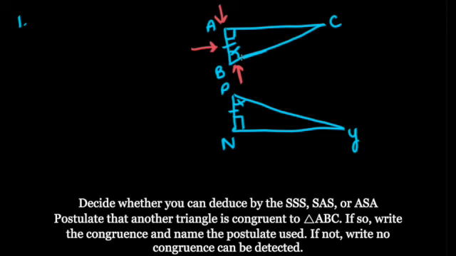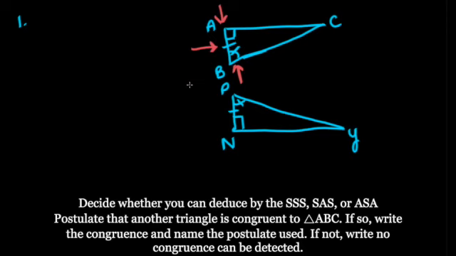Since we have 2 angles and a side in between those angles, or an included side, we can say that these 2 triangles are congruent. We can say this by the A, which is the angle, S, which is the side, and A, which is the other angle, postulate, or the ASA postulate.